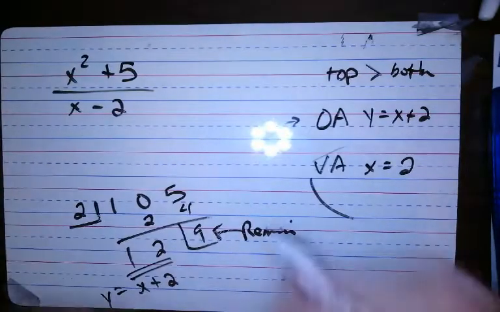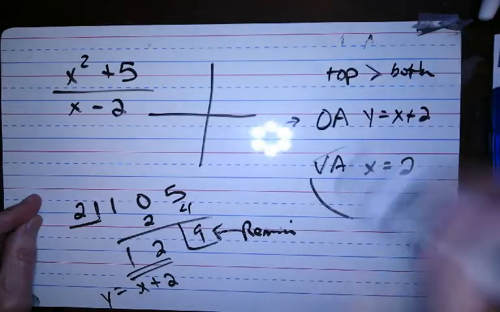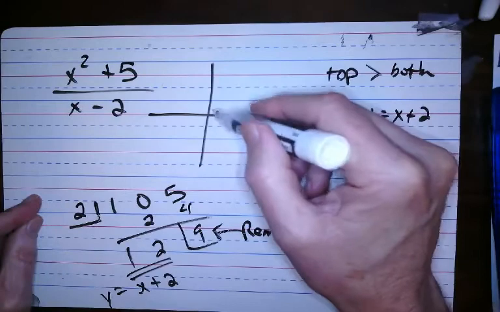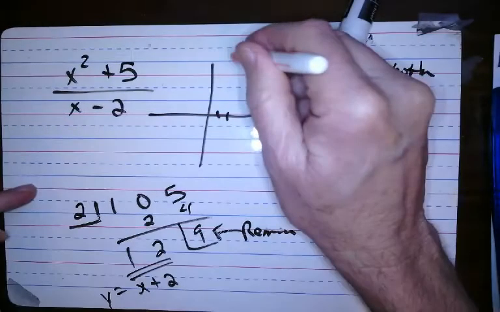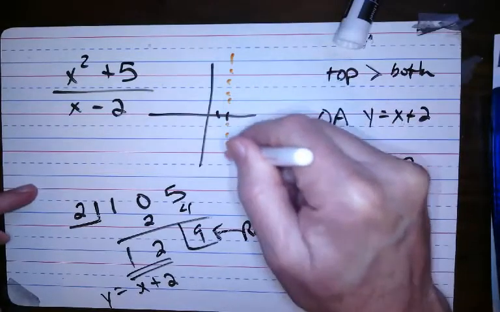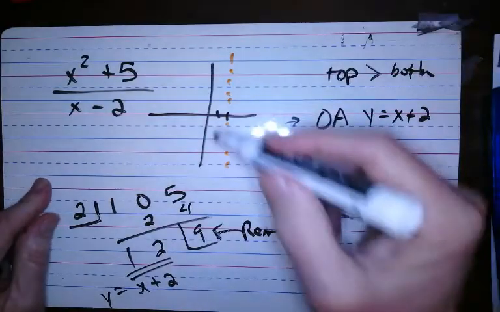All right. Back to making this the right size so we can see what we're doing, huh? So we said x equals 2. That is the vertical asymptote. And then we said y equals x plus 2.